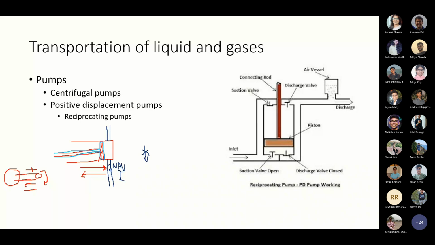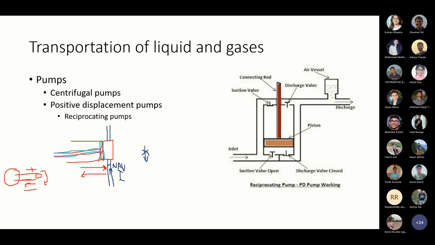You might have seen a typical non-return valve when you pump a bicycle tube. It will only allow air to pass through in one direction. It won't allow air to come out unless you press the pin inside.